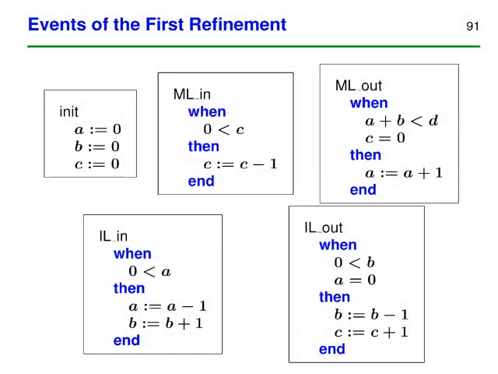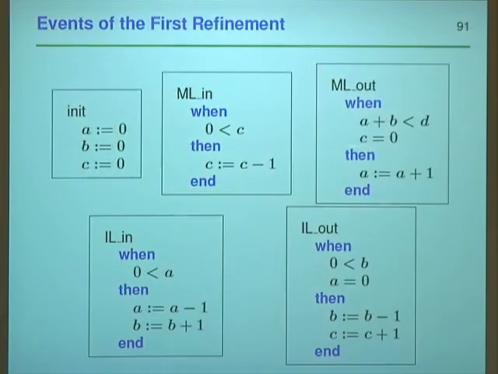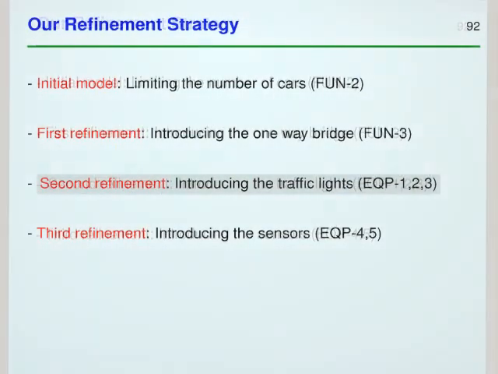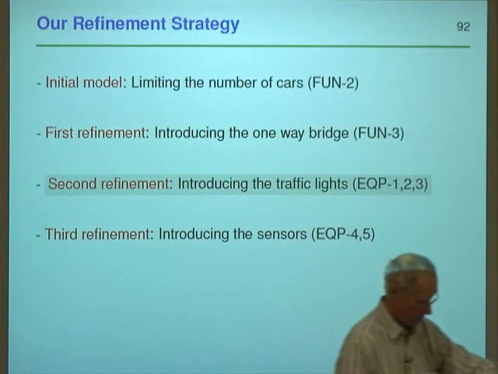And here are the events of the first refinement: the old events, and here the new events. And now we have some proofs at the end.